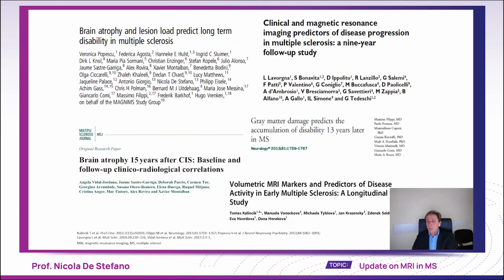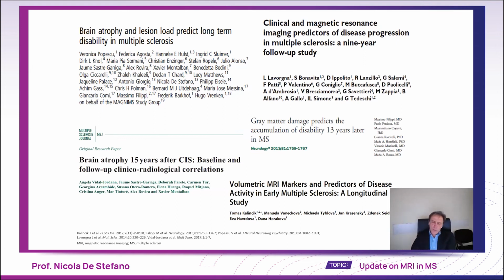This is actually important in terms of clinical disability, because there are a number of studies. These are only a few of them, but they tell us constantly the same thing. Brain atrophy together with lesions are both important in predicting long-term disability.